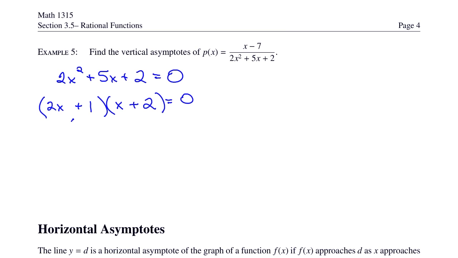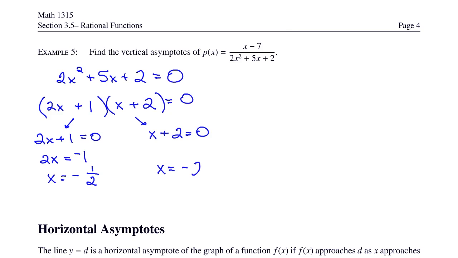Set each factor equal to 0. Solve for x. And you get x is equal to negative 1/2 and x is equal to negative 2.